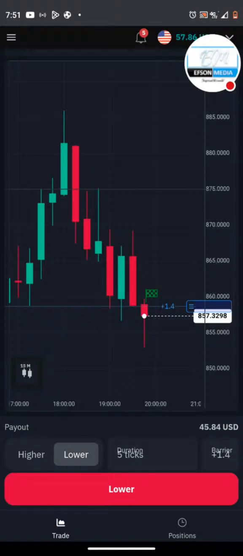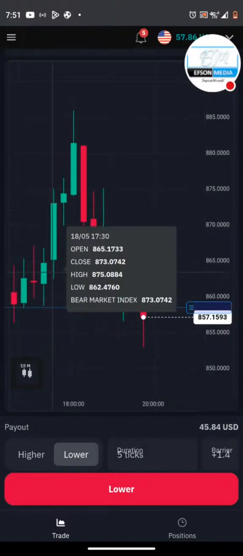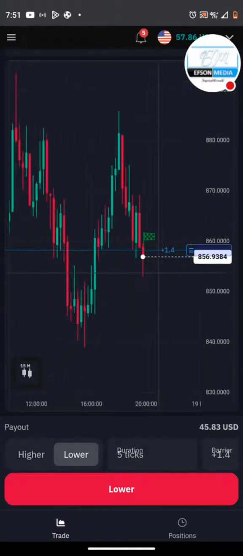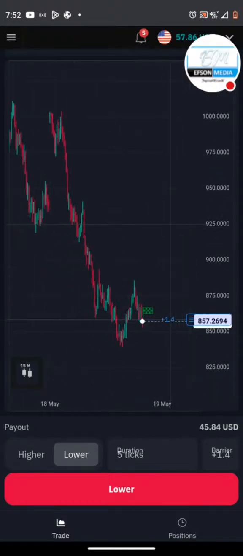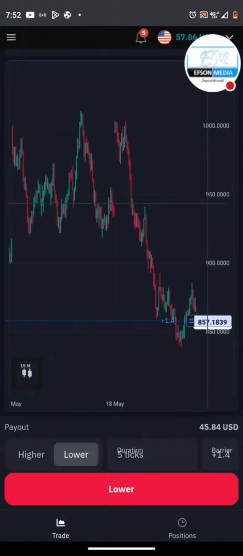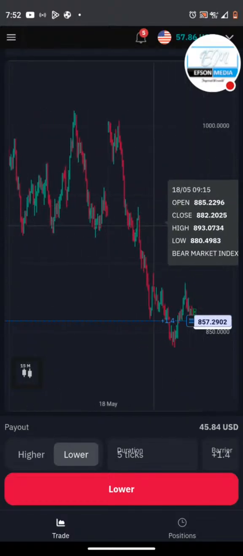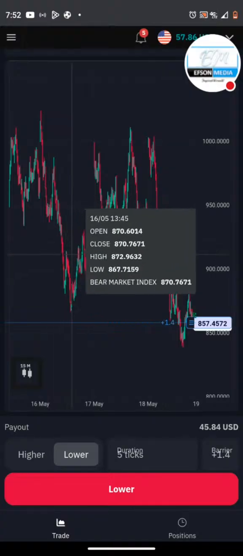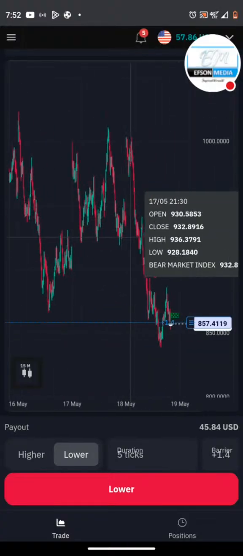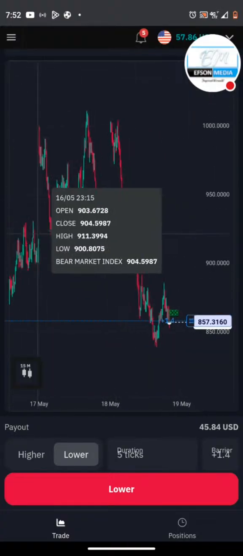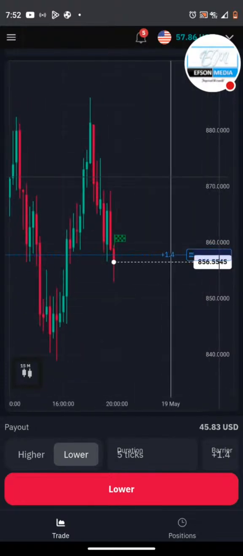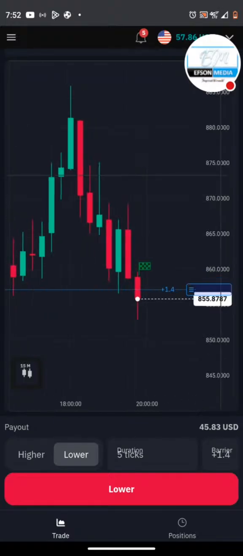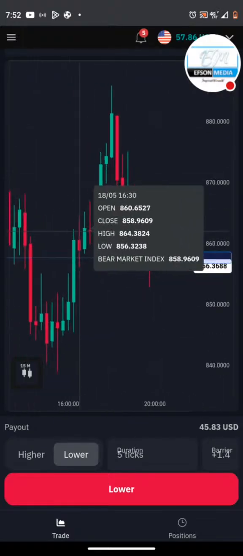That's the resistance and the support regions. So take note. And we are also making use of our head and shoulders and all the other chart patterns. They still apply. The trend line and the technical analysis, we don't throw that away.